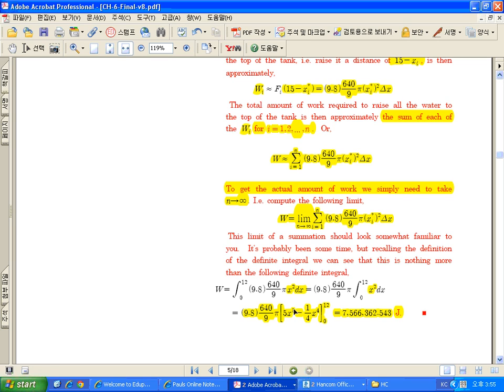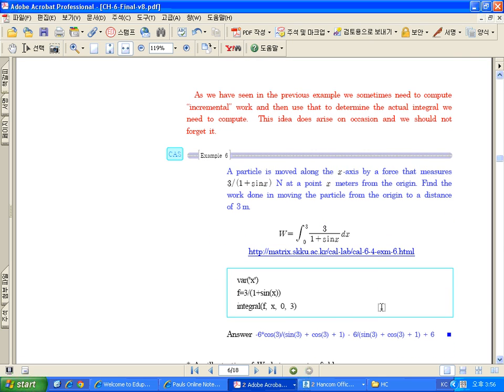And then we have W as the integral of f from 0 to 12 with respect to x, to have 7,562,362.543 joules is the answer that you are looking for.